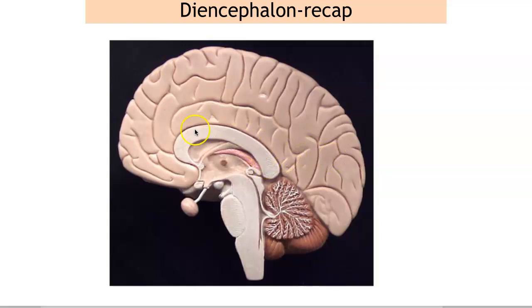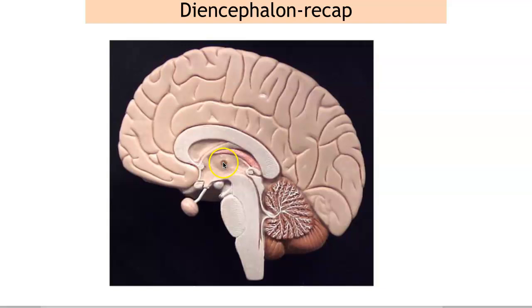So here's your corpus callosum. Here's the septum pellucidum. Here is the choroid plexus of the third ventricle. Here is the little itty bitty pineal gland, that little white thing right there, the pineal gland of the epithalamus, secretes the hormone melatonin.